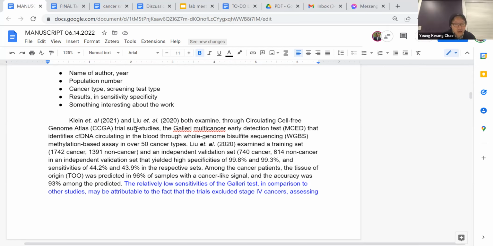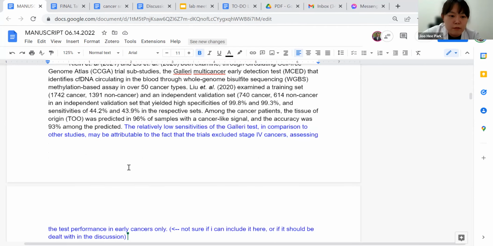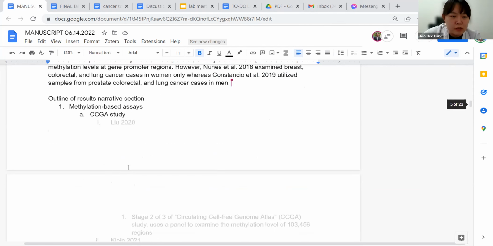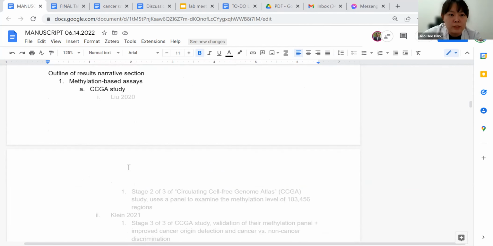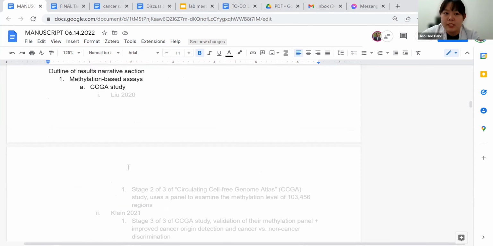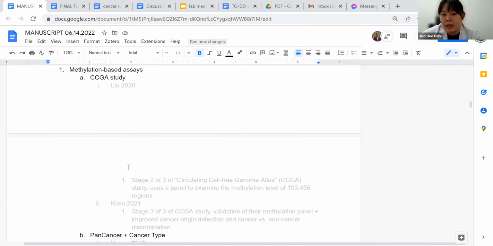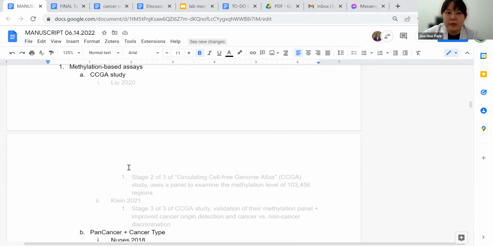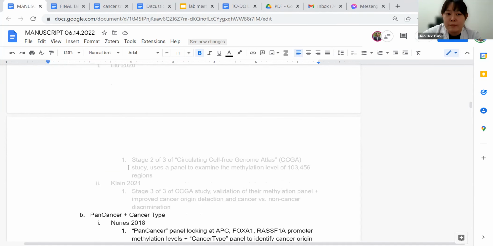Yeah, no, I like the flow. It looks okay. So our flow for the narrative part looks like this. Richard was amazing to divide it up. We'll start out with the methylation-based assays, for ctDNA, just because that's the Galleri test, and we wanted to start with the Galleri test and the pan-cancer.